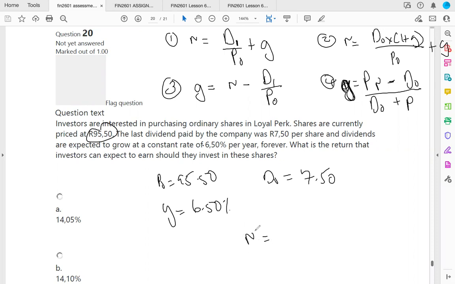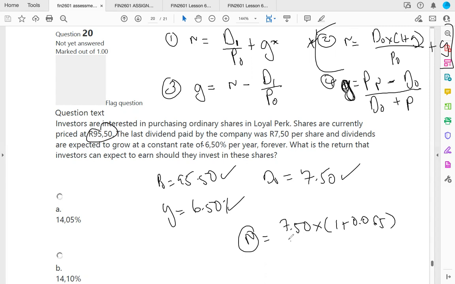So we want to calculate the return. We've been given the current price, the current dividend, and the growth rate, and we want to determine R. So it means we need to use this formula right here. We just need to substitute. Remember, if we had been given the expected dividend, we could use this formula, we would have D1. So we can say 7.50 multiplied by the growth factor over our price plus our growth rate.